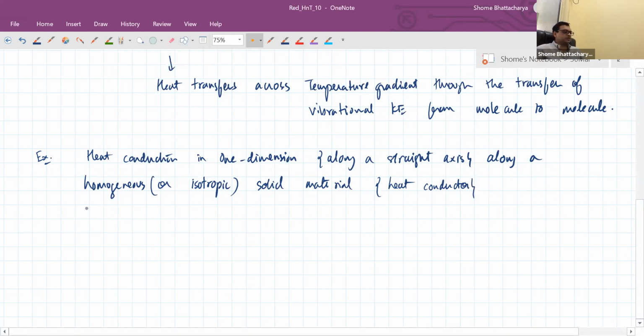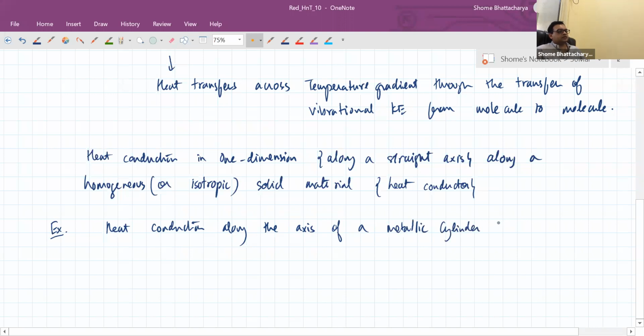So a good example of a study of such a material, experimentally speaking, would be heat conduction along the axis of a metallic cylinder, solid, isotropic, and of uniform cross-sectional area.